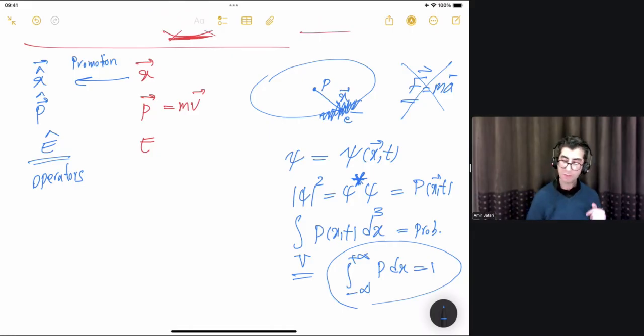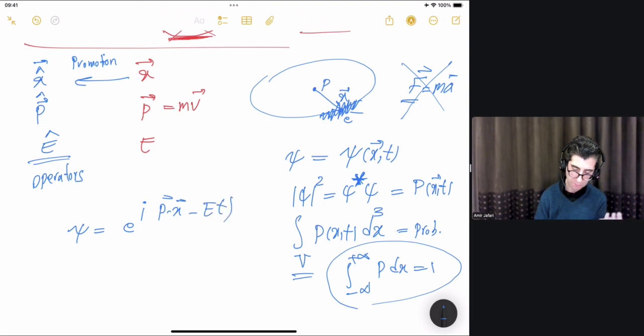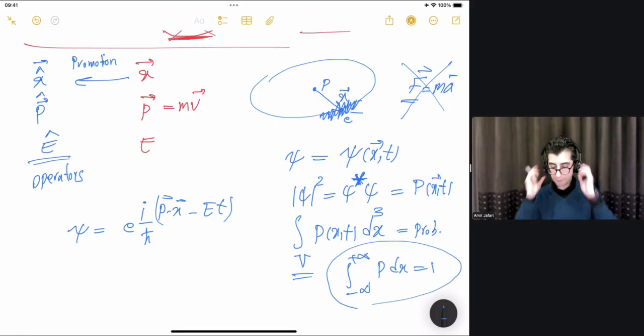Then you say that a wave in classical physics is something like this: e to the i (px minus Et) over h bar. Now I have h bar here, and again, I'm assuming that you are familiar with these constants and these equations, because you've taken a course on quantum mechanics. Otherwise, you wouldn't be watching this video.